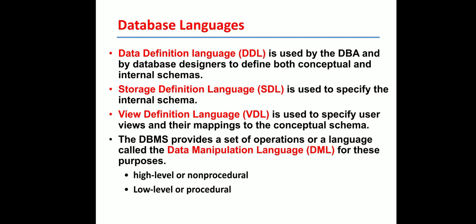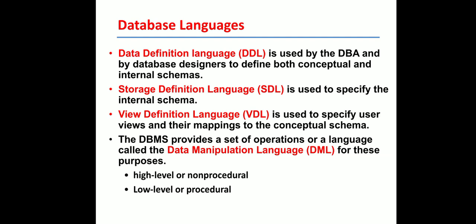Our data definition language comes under the conceptual as well as internal schema. The low level is also called the internal schema. This DDL will define the low level internal schema and the conceptual schema.